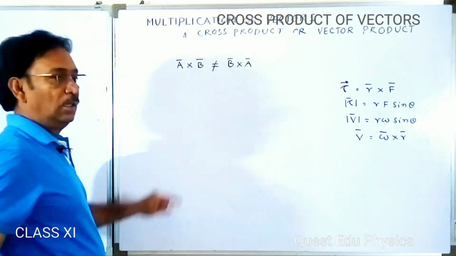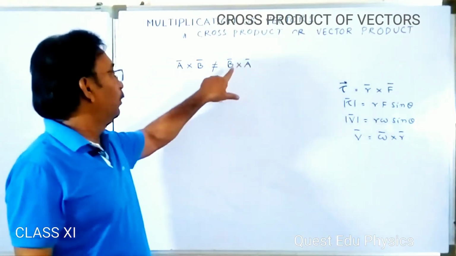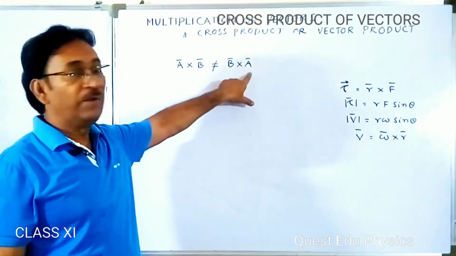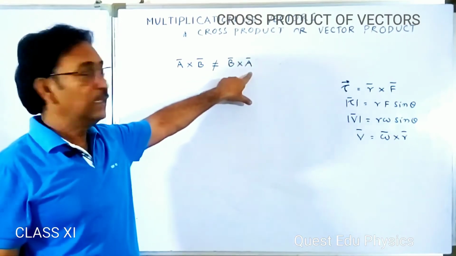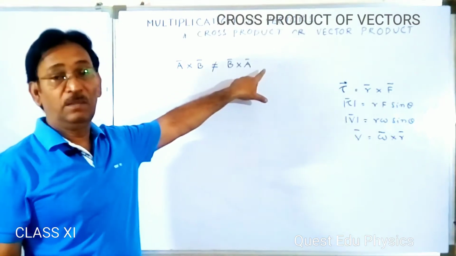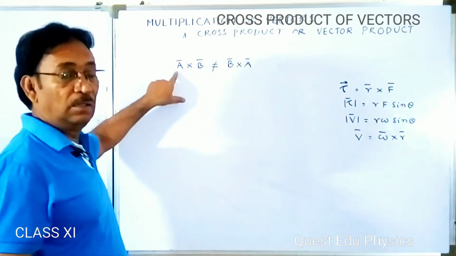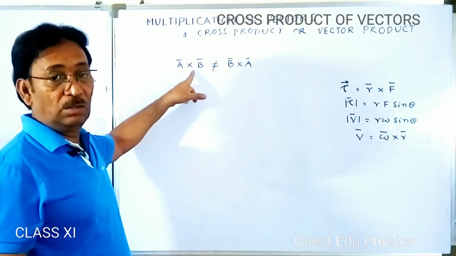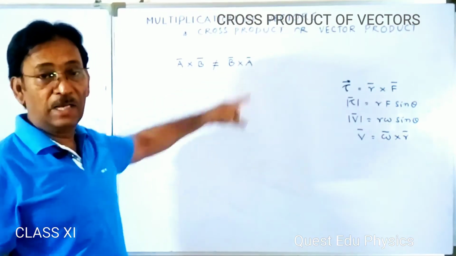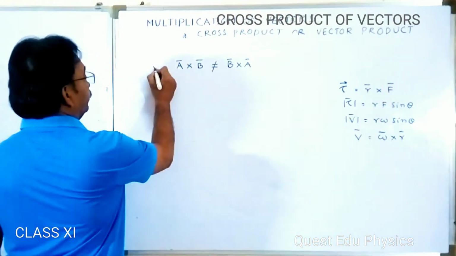You know that when we multiplied B vector with the A vector, we got the resultant as minus C bar, and here C bar. It means what? It is anti-commutative.